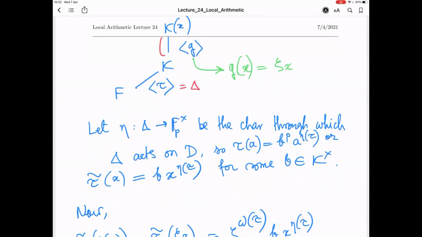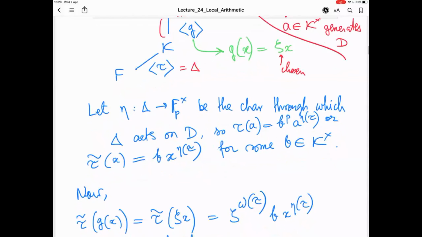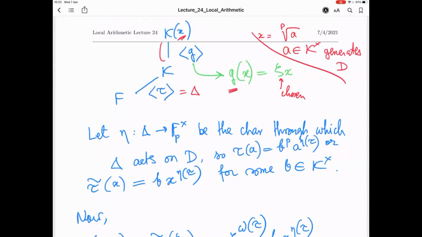If I've chosen a primitive pth root of unity, and a generator x, x is a pth root of A in k star, which generates D. That's a notation. So I can take G as a generator of kx over k.